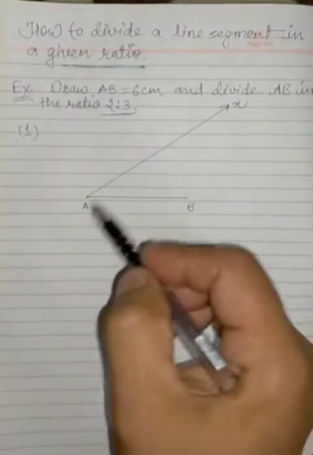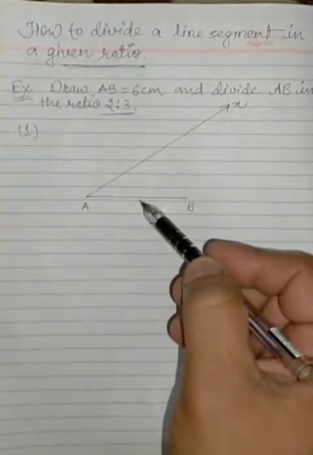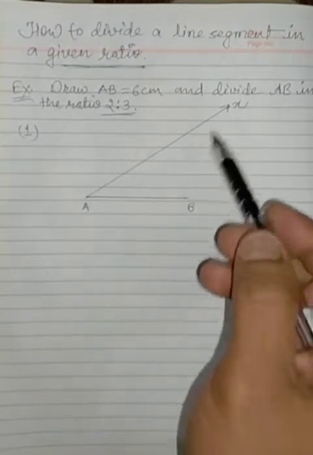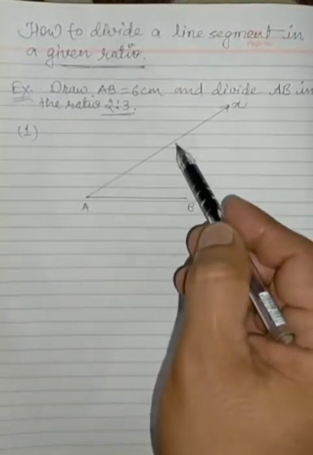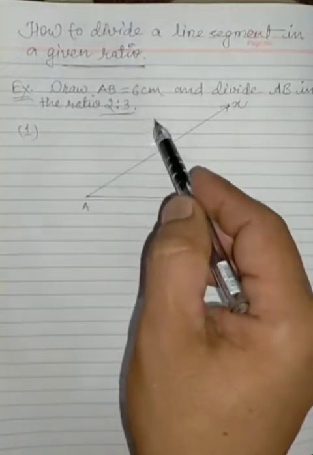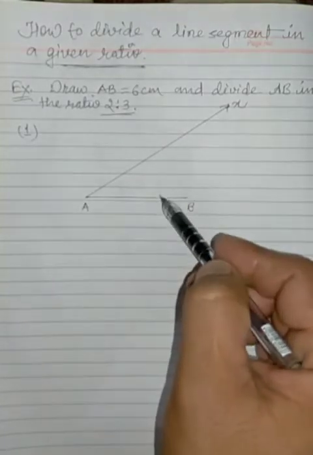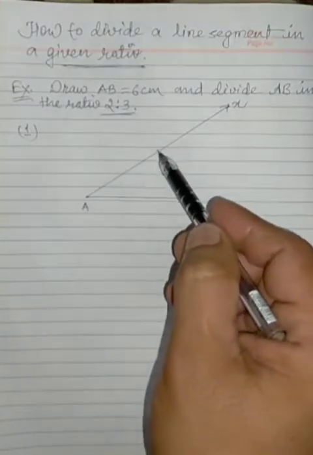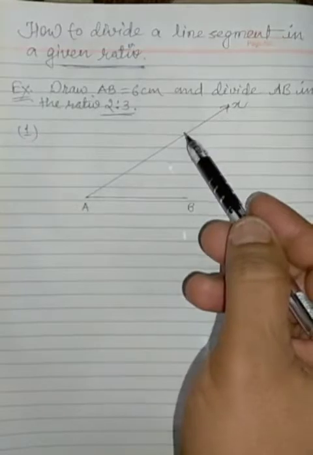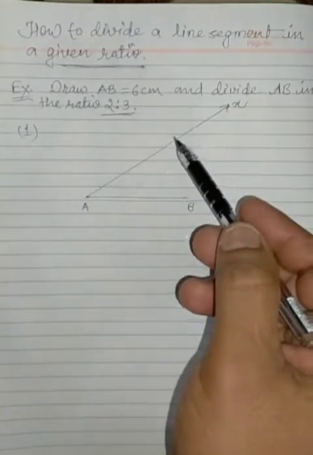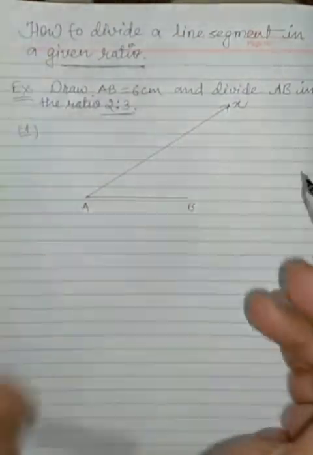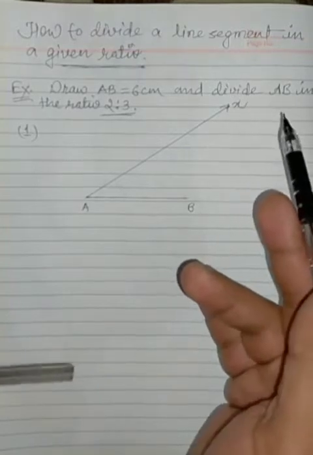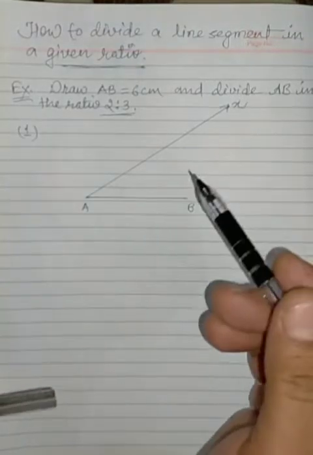You can draw this at any angle, but make sure that this ray is not too far from AB. So choose an angle such as 45 degrees or up to 60 degrees, it is okay, but you should not go beyond 60 because it will go far, and in that case it will be difficult to draw the ratio for dividing AB.